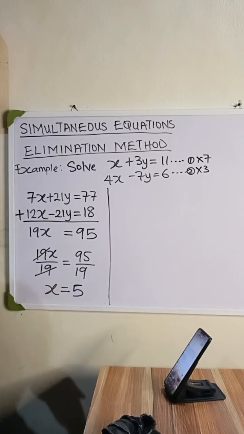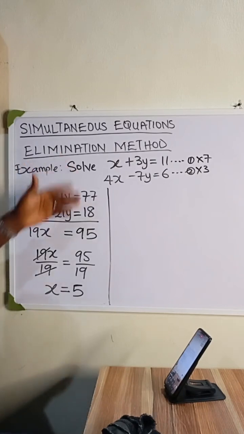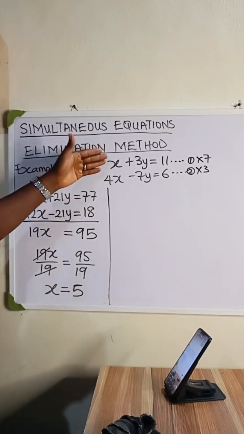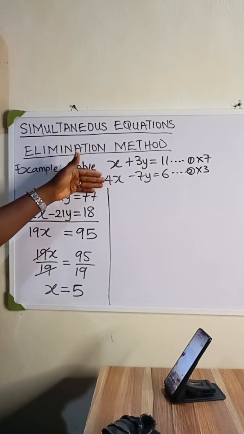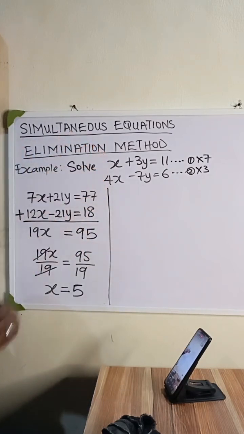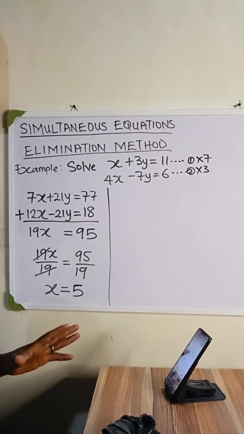So that means our value of x is equal to 5. So since we've gotten the value of x to be equal to 5, we can now substitute that value of x into either equation 1 or equation 2. But looking at the equation, it is obvious that if we substitute into equation 1, our work will be easier. Okay?